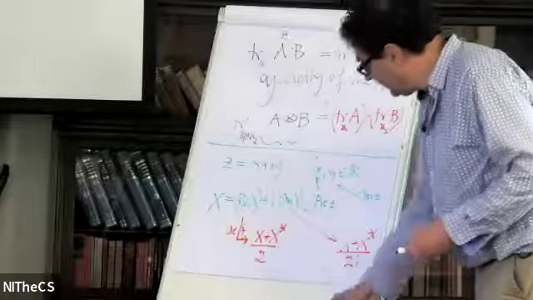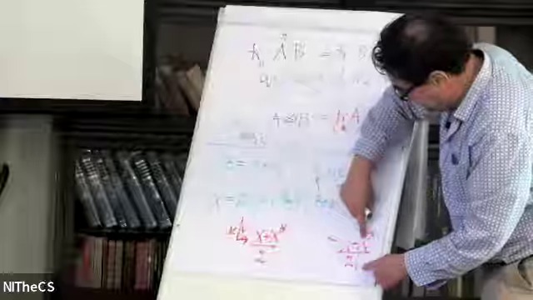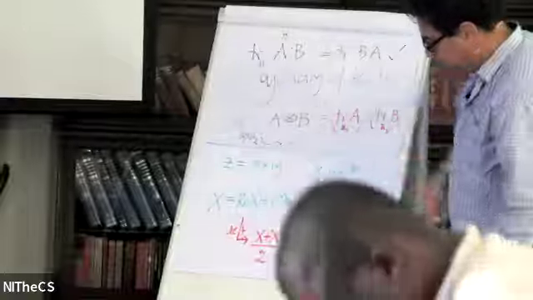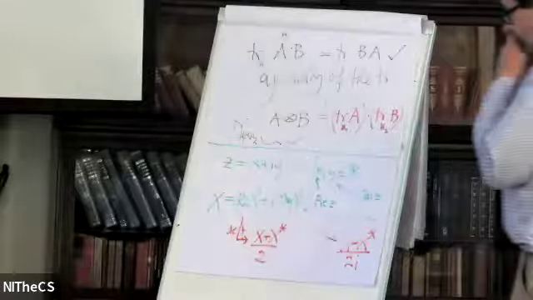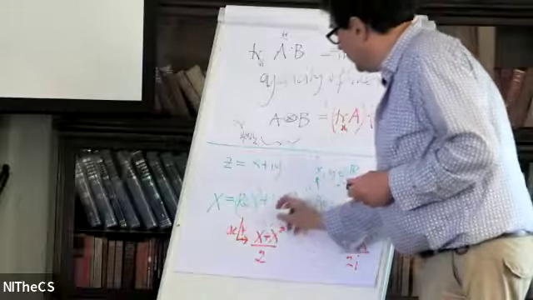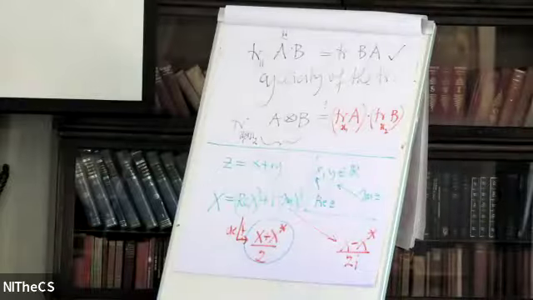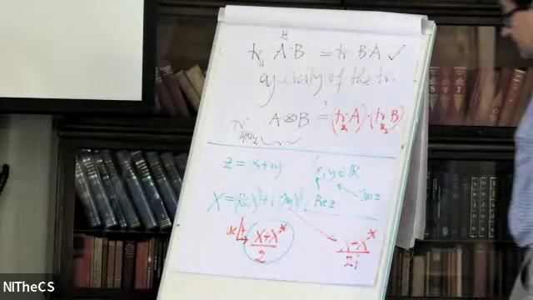You can easily check that the sum of this plus i times the sum of that gives back X, because the X adjoint is taken away. The point of this decomposition is that this guy, which is called the real part of X, is Hermitian. It's self-adjoint.